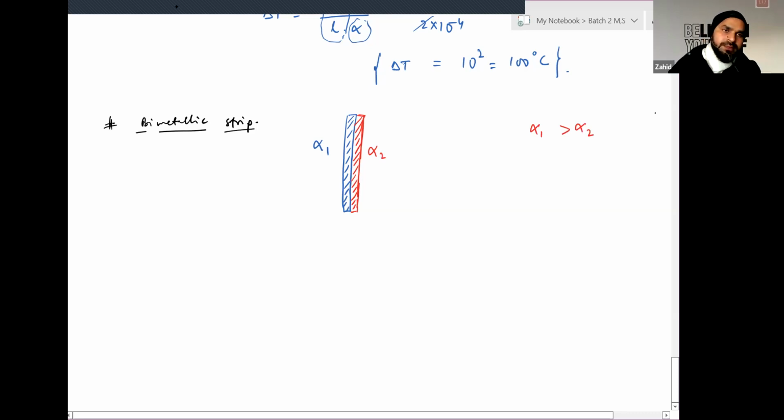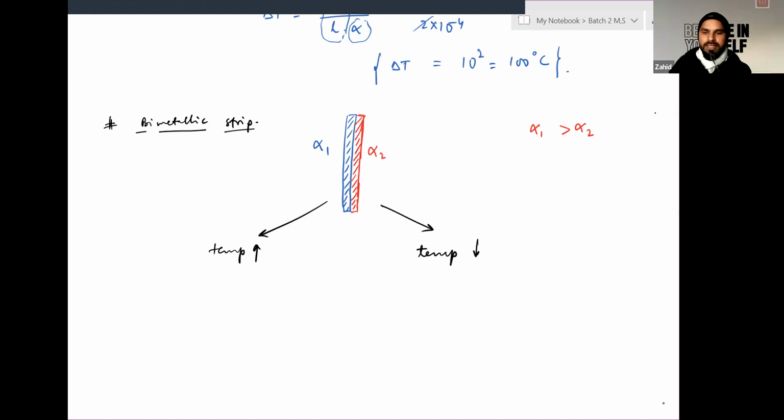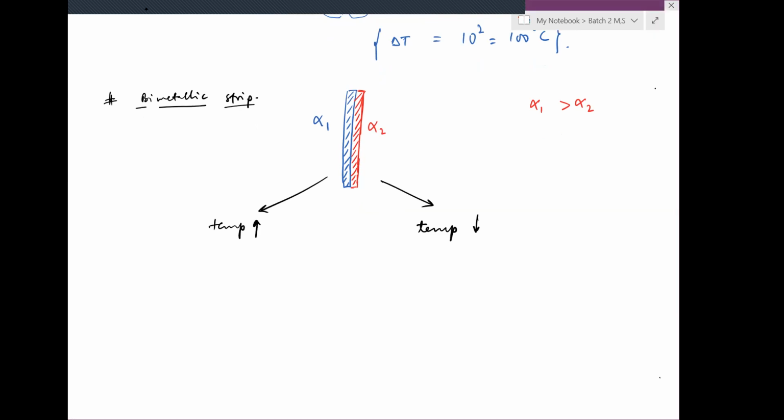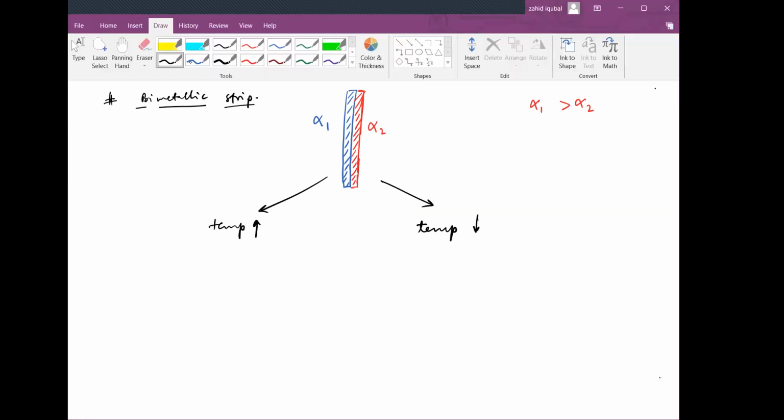So you'll be asked, what will happen if the temperature of this particular system is increased, and similarly if the temperature is decreased? Samaira, any idea what will happen? If temperature increases, it will expand more.